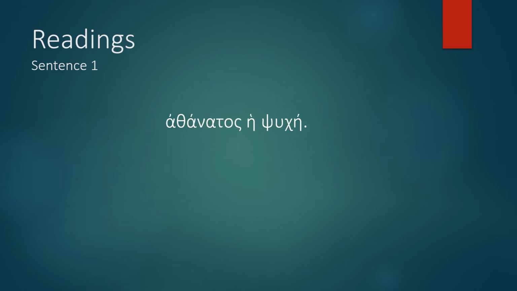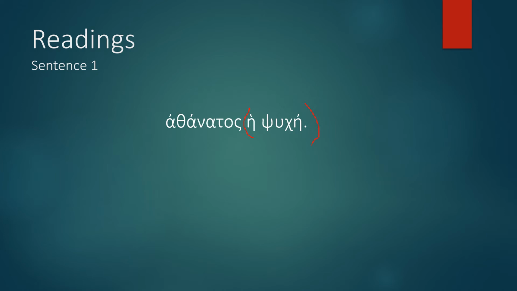Well, athanatos, having this alpha privative, is just two termination, meaning it only has two different columns of ending for the singular or plural. So, athanatos is both the masculine nominative singular and the feminine nominative singular ending.